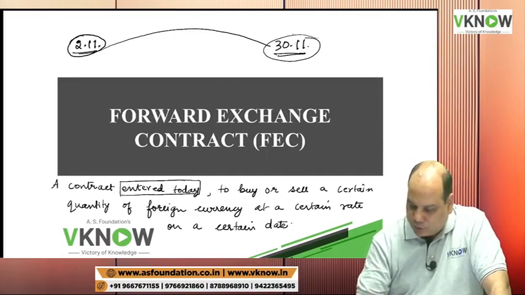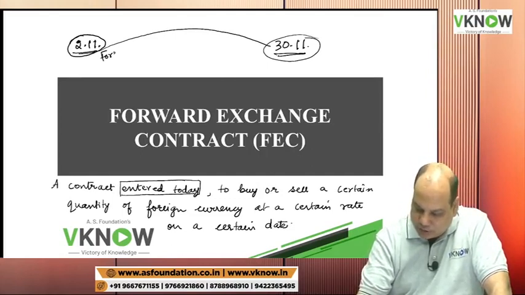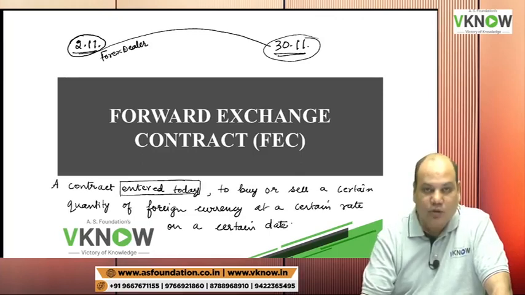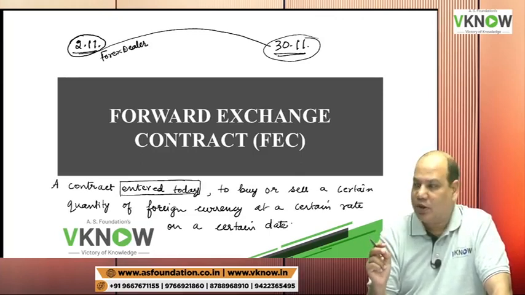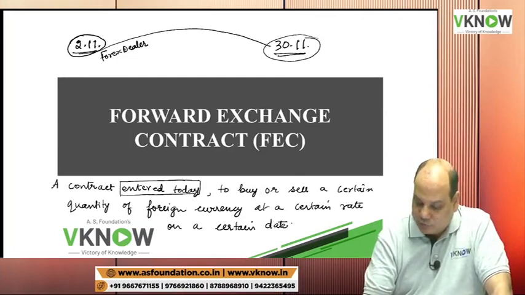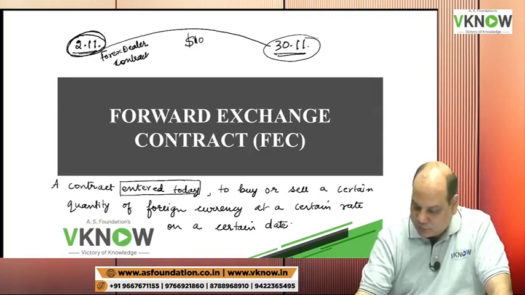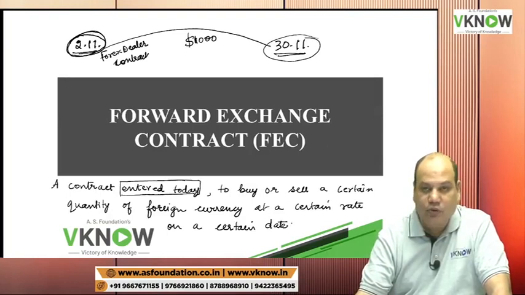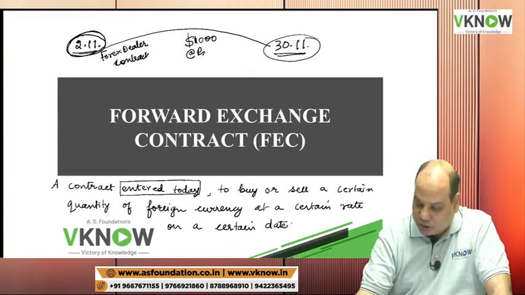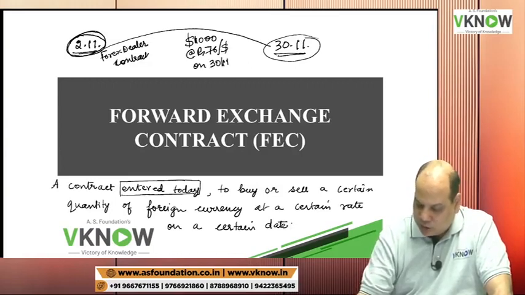You will go to a foreign exchange dealer. They are called forex dealers, licensed by RBI to deal in foreign exchange. You will go today and enter into a contract today. The contract is that you will buy $1,000 at the rate of rupees 76 per dollar on 30th November.